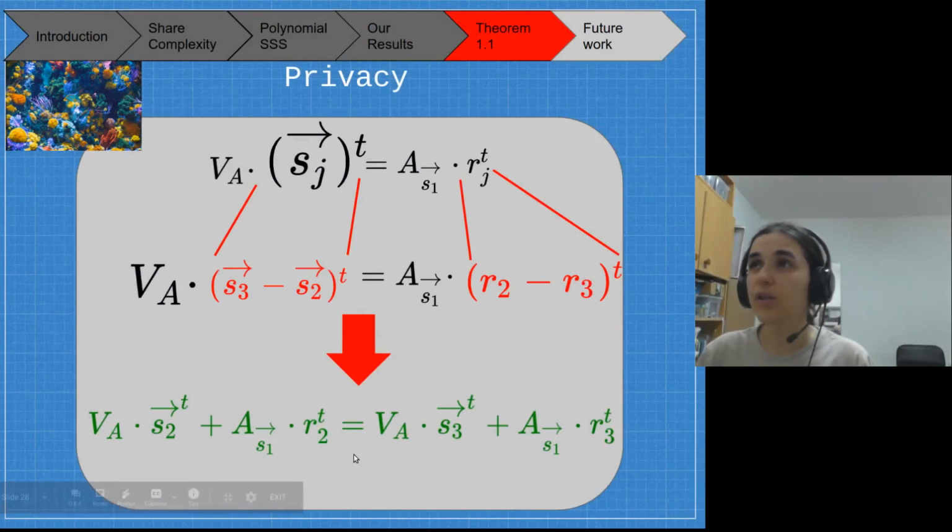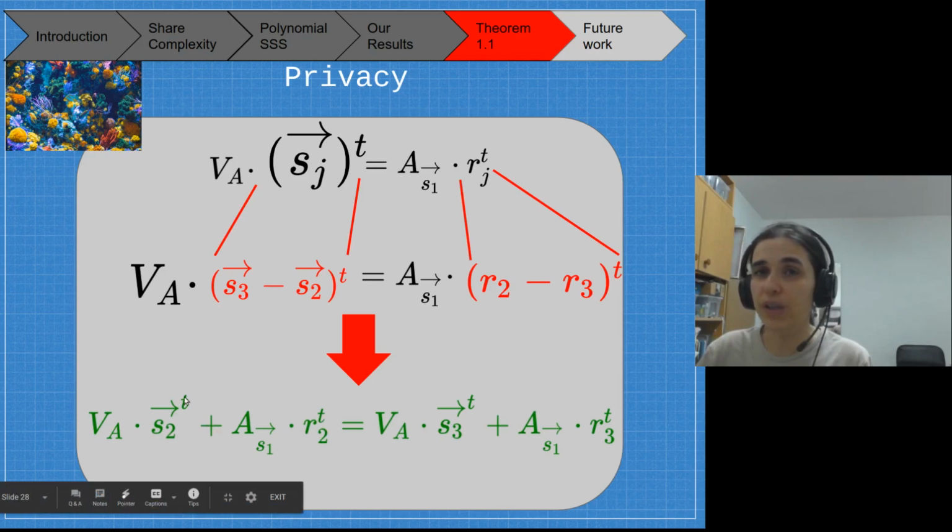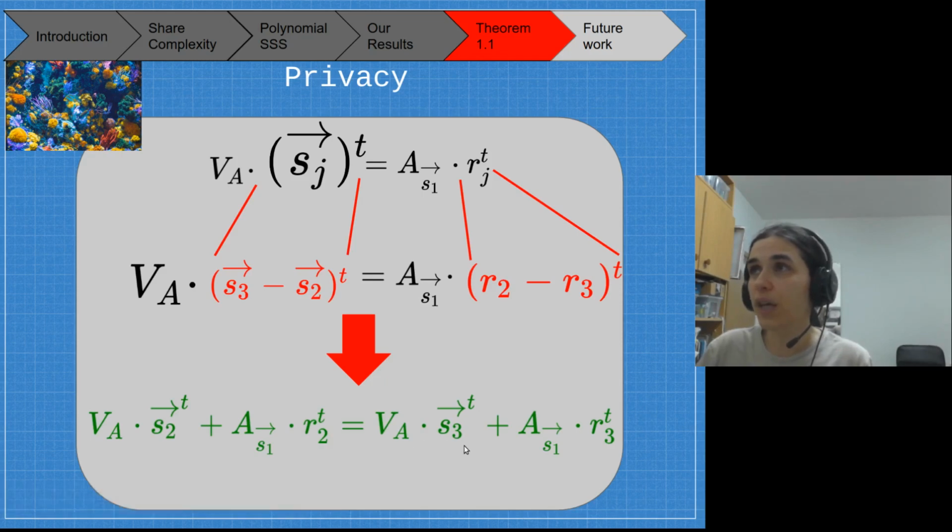So here, as opposed to correctness, we're not done yet. This just shows that for every R2 and every secret S2, there is a value in the sharing of S3. So this is again the expression for the sharing of this secret in the new scheme. So there is a corresponding value in the support of the sharing of any other secret. So for any pair of secrets, this exists.